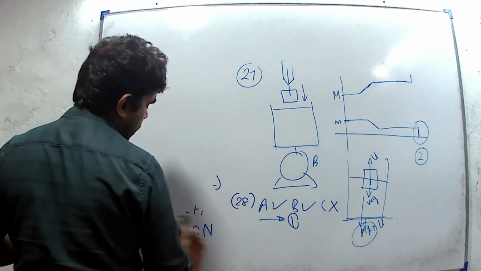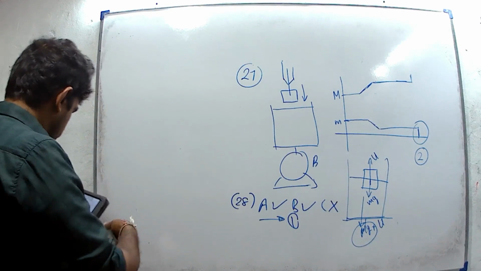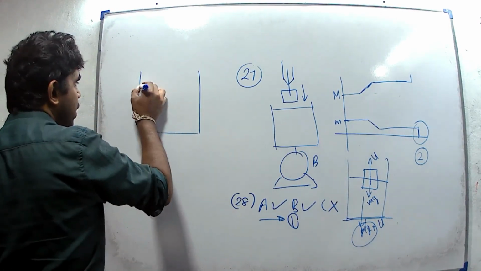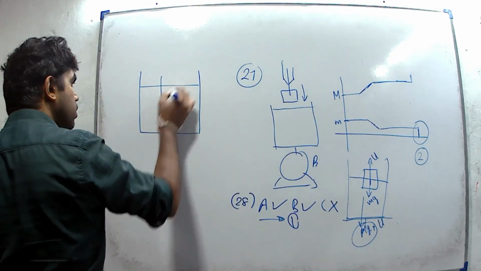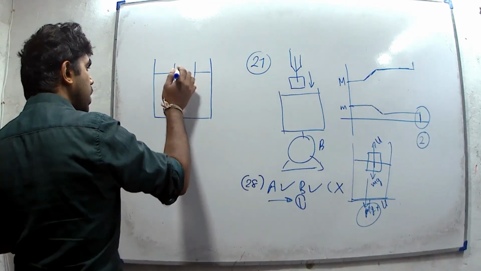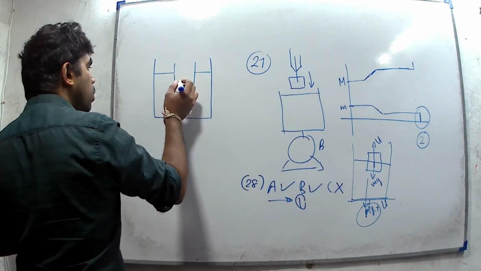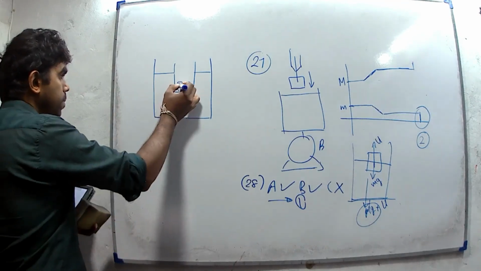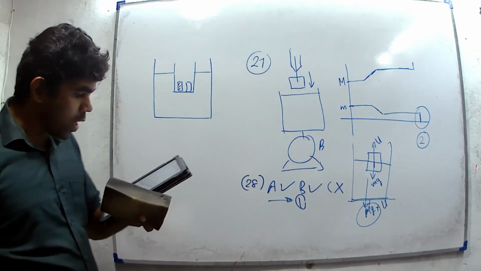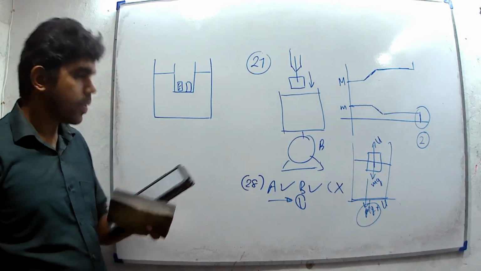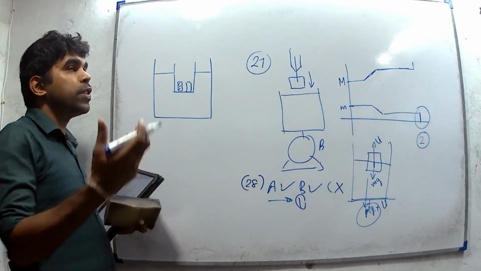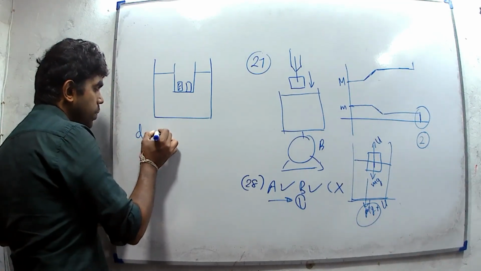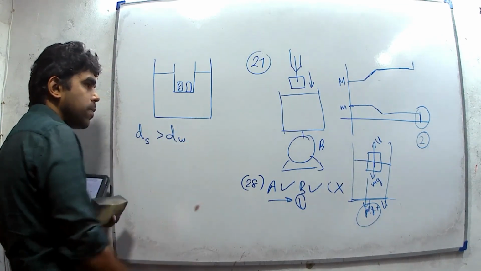Now we know that for the given situation, there are two blocks inside the small container. In the first statement, when the stone is taken out and dropped in water, the density of stone is greater than the density of water.